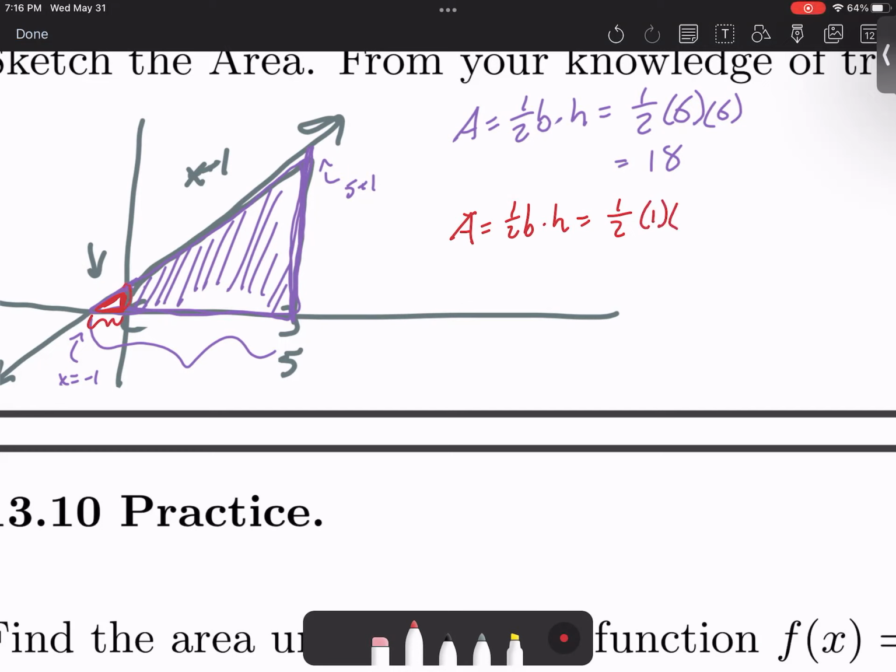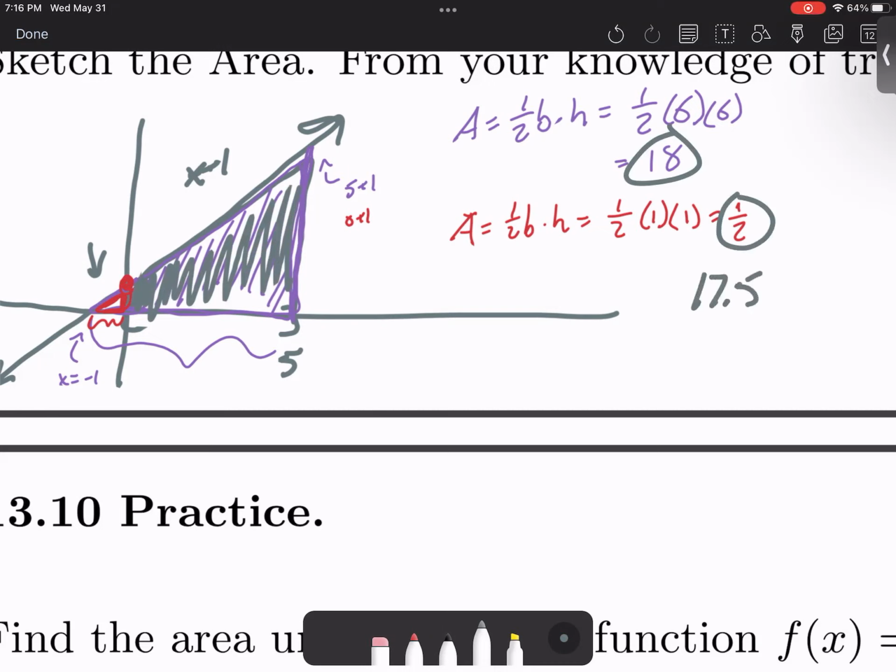The height is the function value at 0. That's 0 plus 1. Gives me a 1. So 1 times 1 is 1. Times 1/2 is 1/2. So what's the area that I needed? It is 18 minus 1/2, or 17.5.